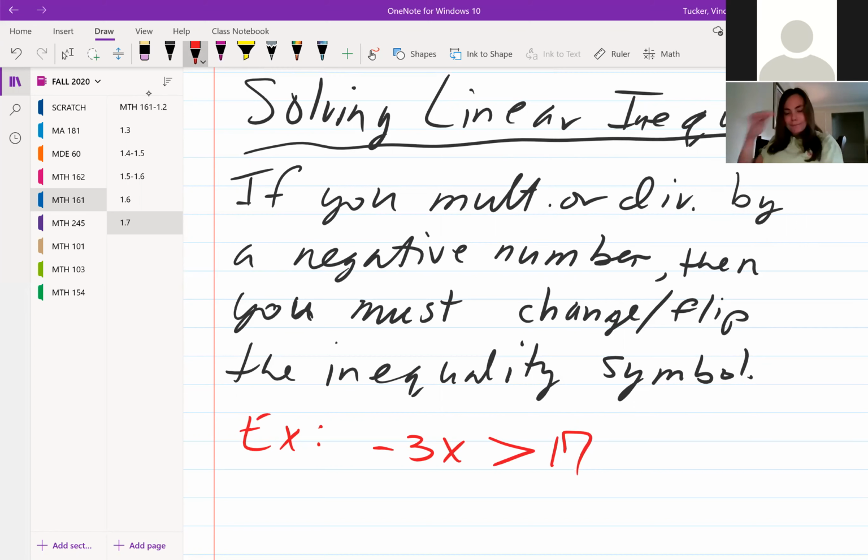So, when solving inequalities, if you multiply or divide by a negative number, then you must change, or some people like to say flip, the inequality symbol.